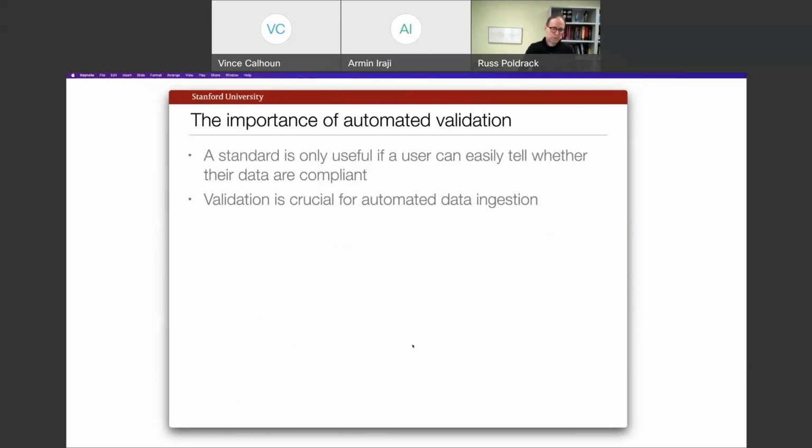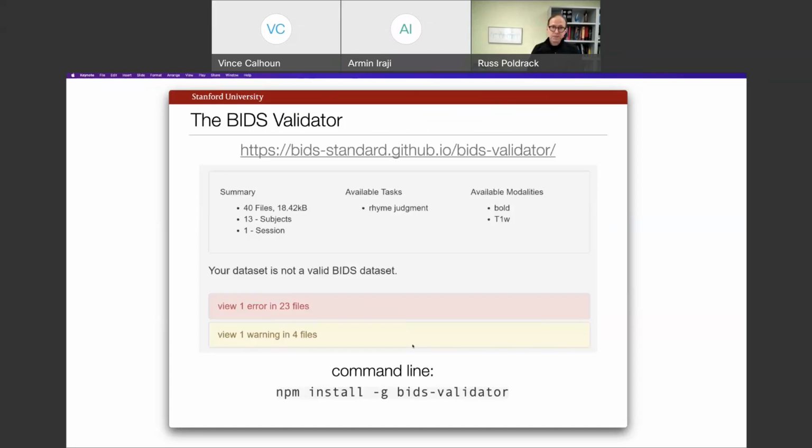Now, one thing that's essential for a standard is to be able to know if a data set actually meets the standard. And so we worried about this very early and developed a validator, in part because one of the drivers for developing BIDS was the need to automatically ingest data into OpenNeuro without having a human curator look at the data. So we developed this validator.